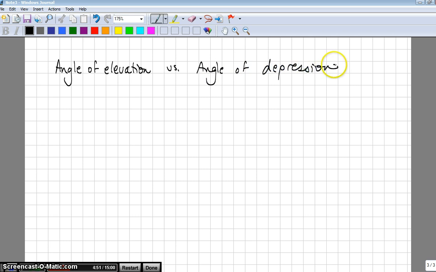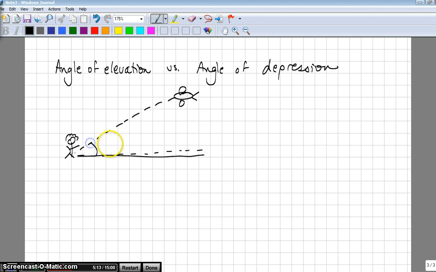Okay, so if I am standing on the ground, and I look up at a bird in the sky, there's my bird, then the angle that I am looking up, formed with the ground, is called an angle of elevation.